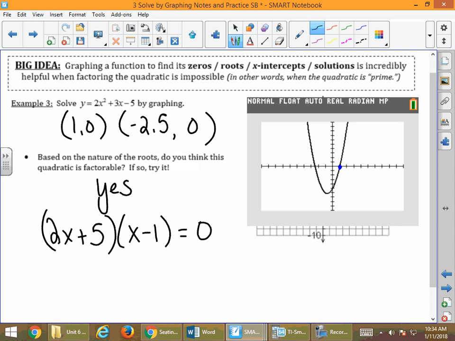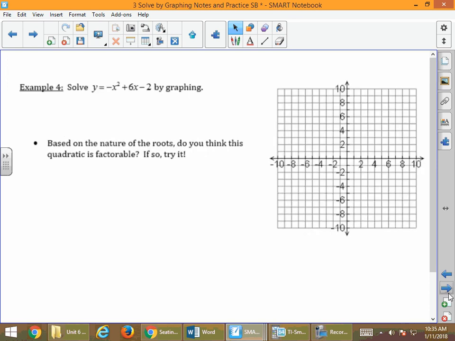I know I didn't show my work, but in case you want to go back and actually do the split the middle method to graph, because I think that our time is better spent if we practice on how do we use our calculators to find the roots, to find the solutions, to find the x-intercepts.